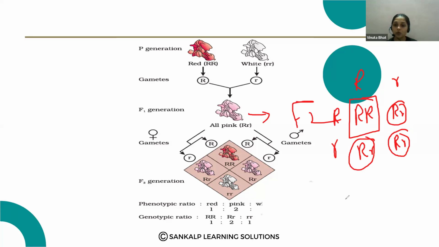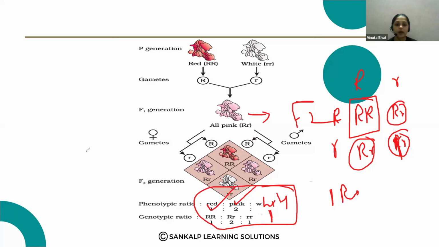So they produce one red flower, two pink flowers and one white flower. That is the ratio you have to mention.